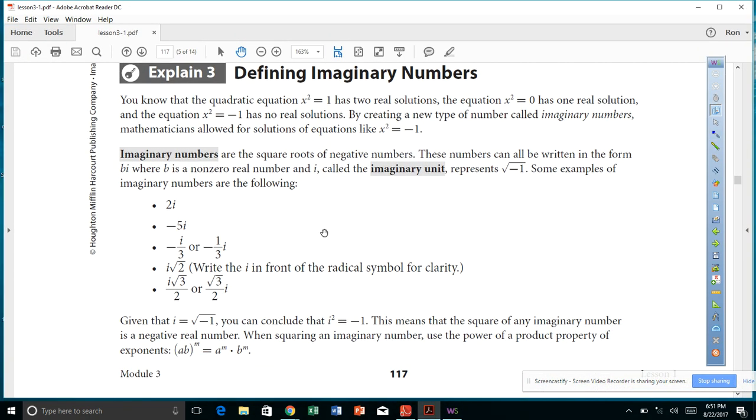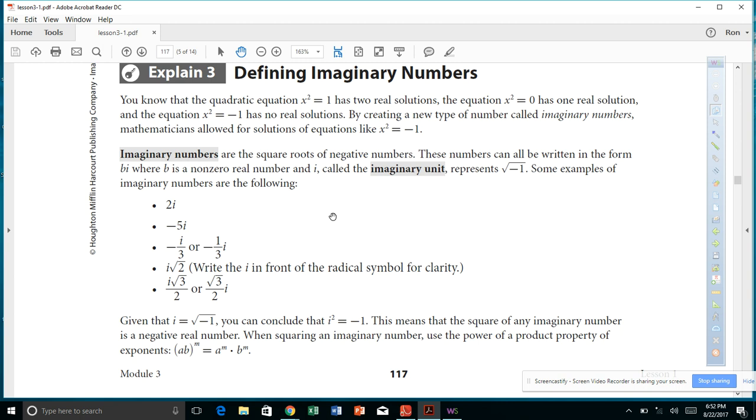Now let's define imaginary numbers. You know that the quadratic equation x squared equals 1 has two solutions. The equation x squared equals 0 has one real solution, and the equation x squared equals negative 1 has no real solutions. By creating a new type of number called imaginary numbers, mathematicians allowed for solutions of equations like x squared equals negative 1.